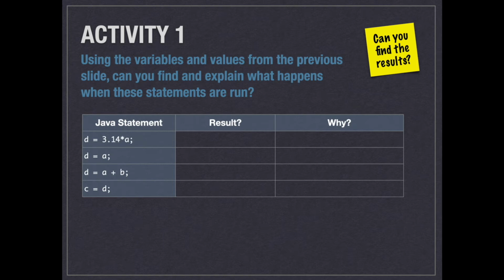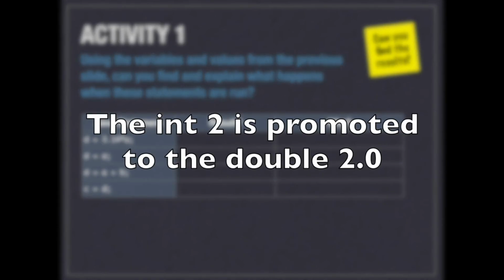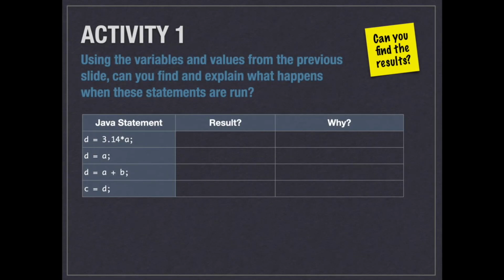So A will be automatically promoted to a double to make the assignment work. So D will end up holding the number 2, but as a double, and in Java, if we spit it out to the console, it will be spit out as 2.0. Just to confirm, if you displayed it in a text field, it would show up as 2.0. So Java does this just to let you know that this is not an integer, because here's a decimal point, to prove it to you.